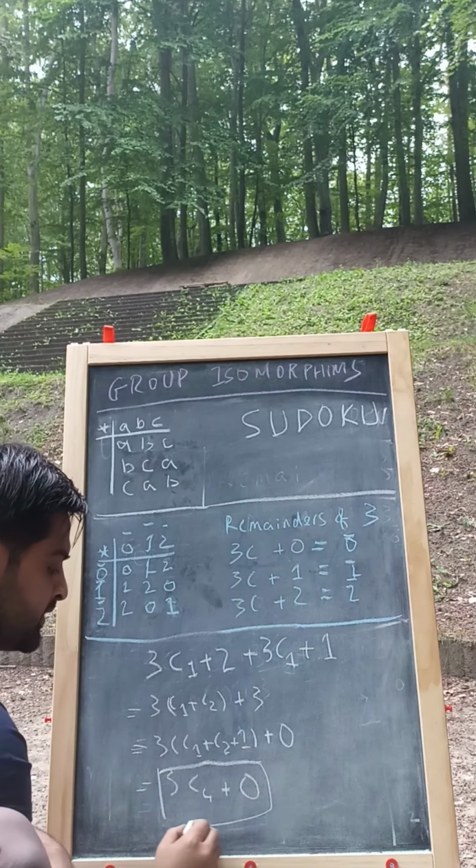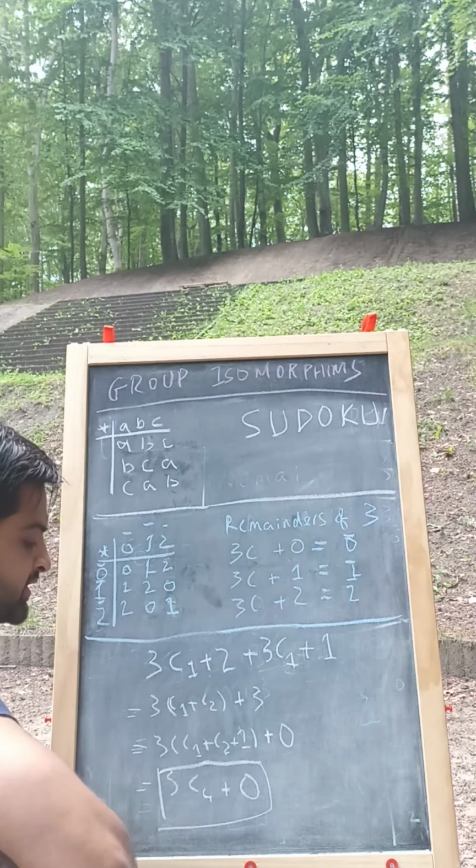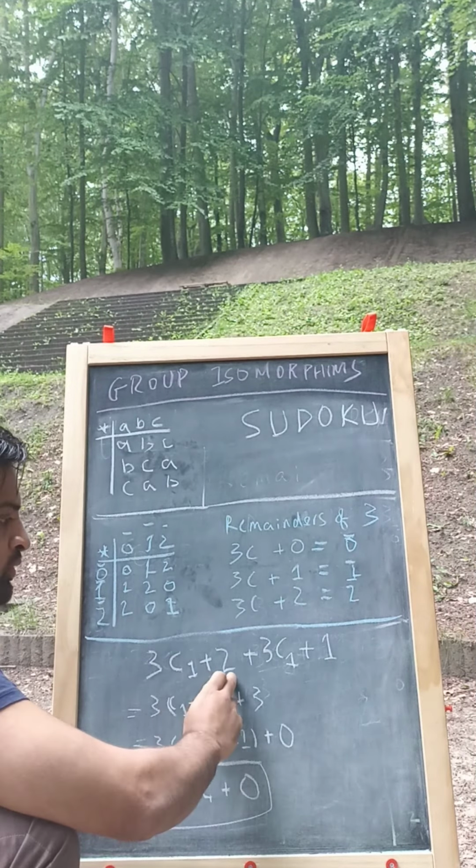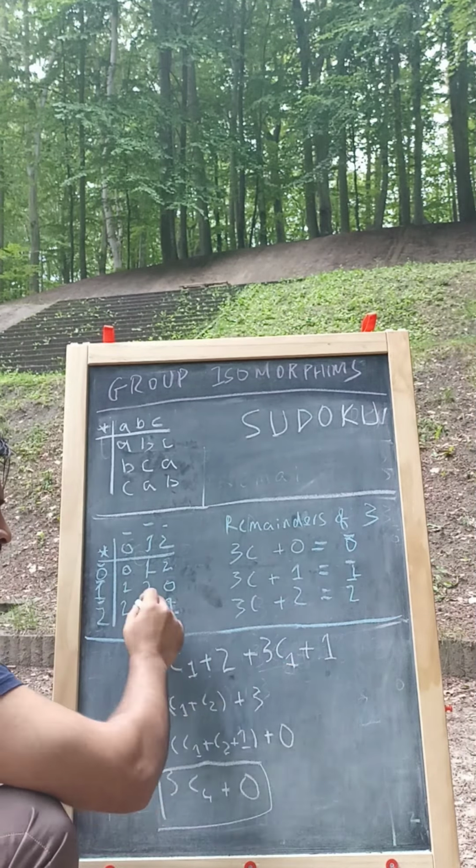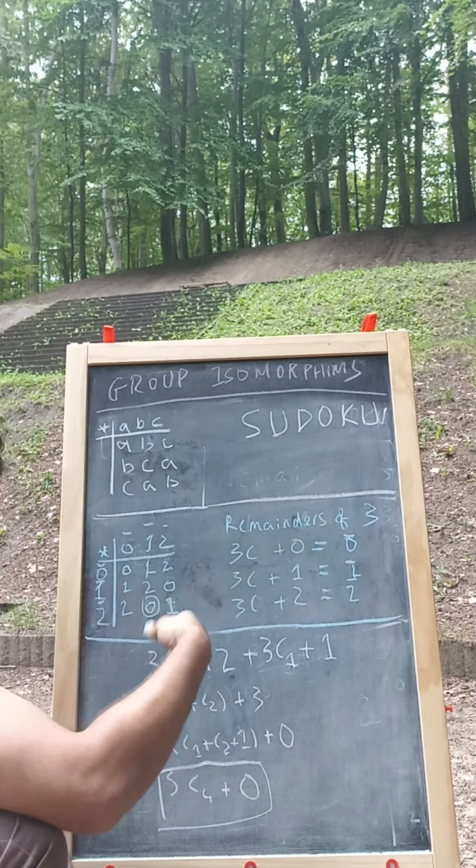So interestingly, in this particular algebraic system, 2 plus 1 is in fact equal to 0.